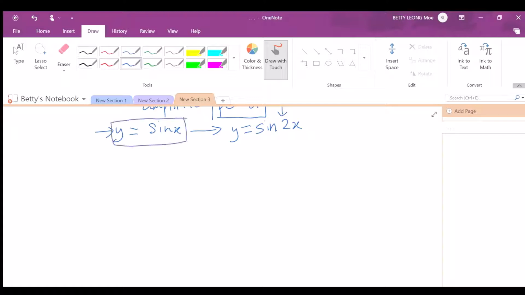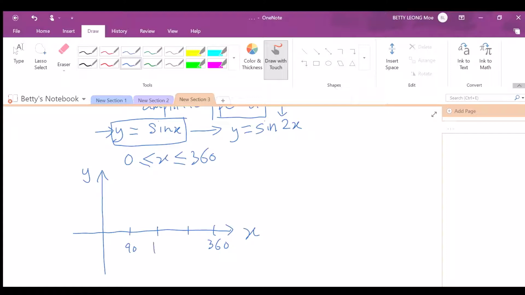For y equals sin x, we'll draw for angle x between 0 and 360. You draw the y-axis and also the x-axis, and this is 360. You divide into 4 parts: this is 90, 180, 270.